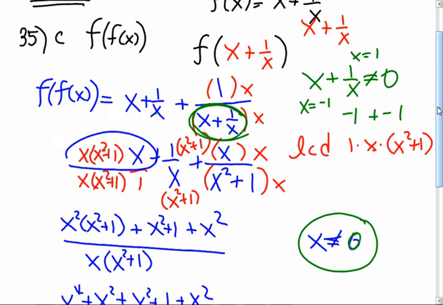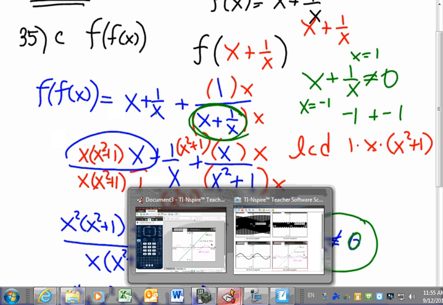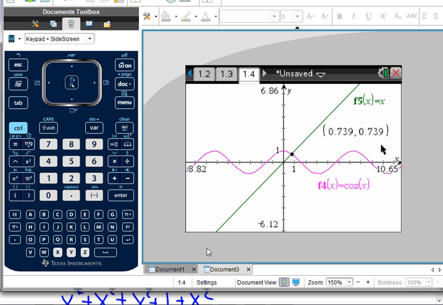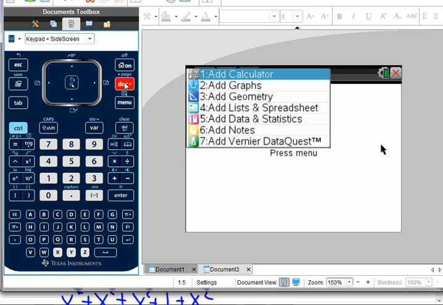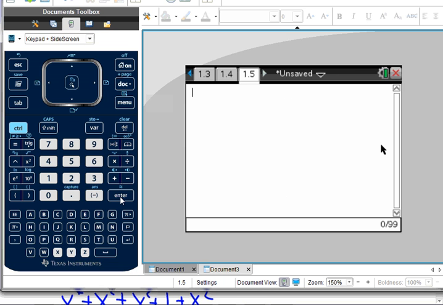Other ones? Oh, would you like to see what the CAS calculator will do with this? Should we do the whole inverse? Let's see what I can do with this. Now, I'm not all that good at this, but I'm going to add a page. Now, when I add my page, I want a calculator page. And I am going to try to do this.